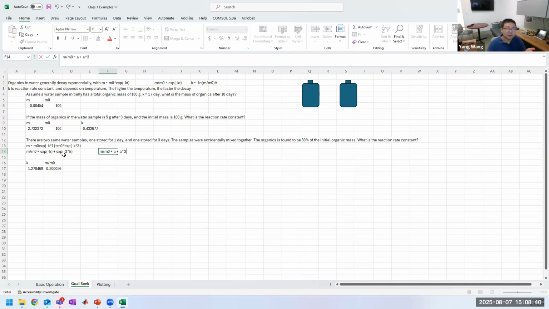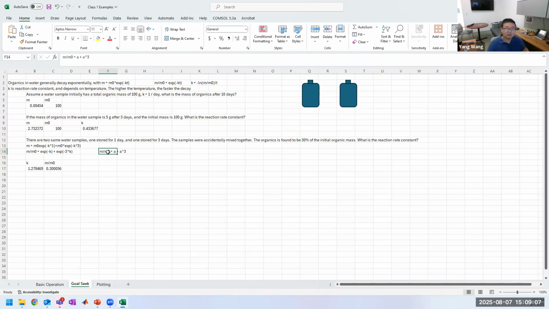So how do we solve this? If it's to the order of 2, we can still use a quadratic solution with pencil, piece of paper, and calculator. But if it's cubic, then it's getting difficult.